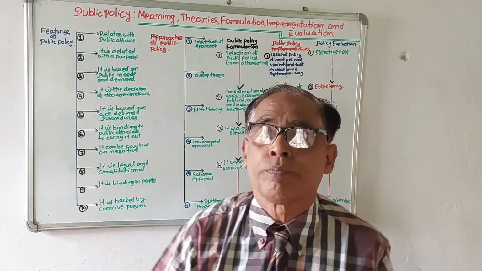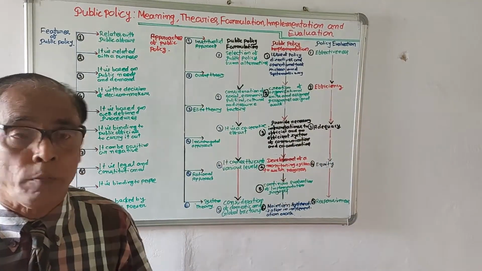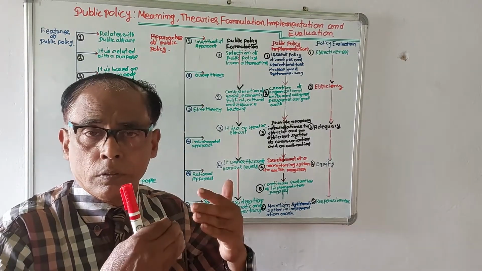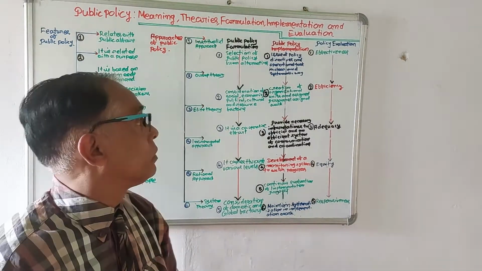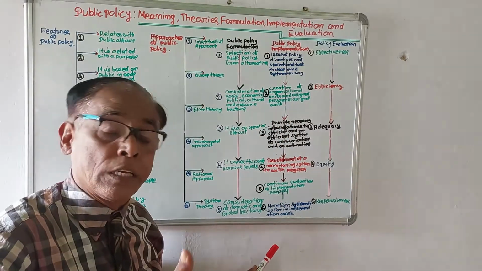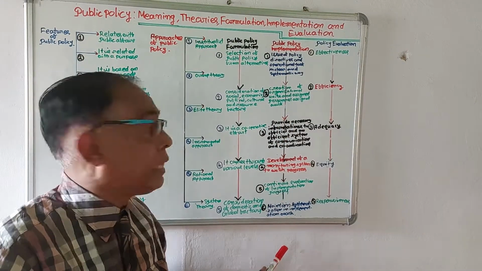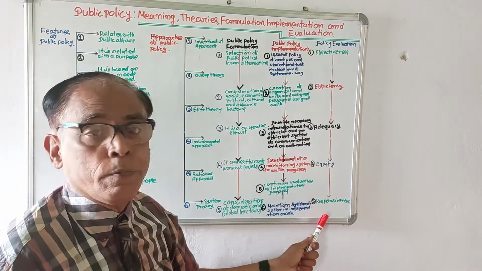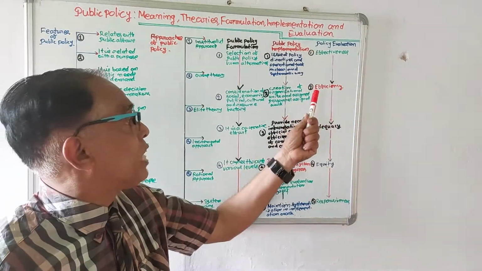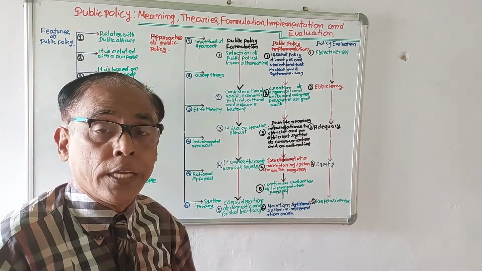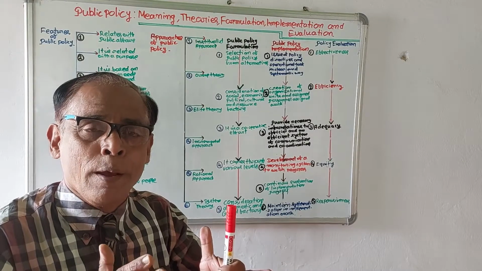Then we have discussed that at the time of preparation of public policy, as many as 5 factors will have to be considered. Then at the time of implementation of policy, 6 factors will have to be considered. Then at the time of evaluation, 5 factors like effectiveness, efficiency, adequacy, equity, and responsiveness will have to be considered.